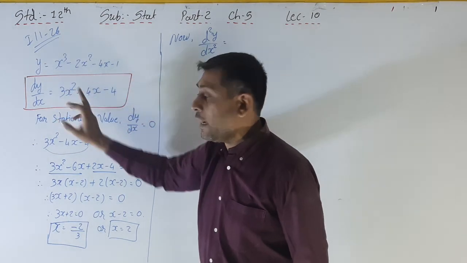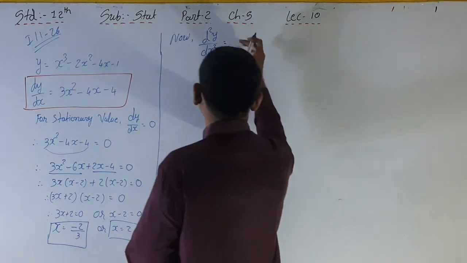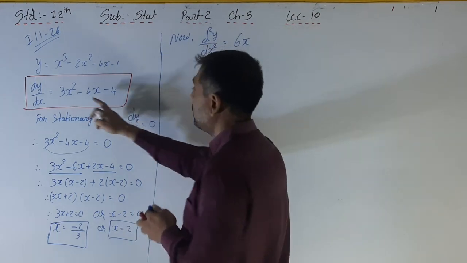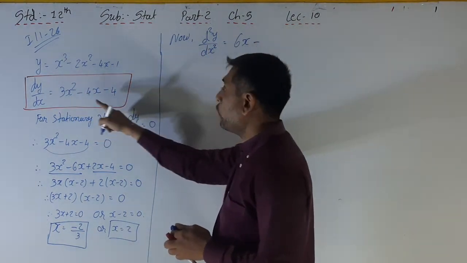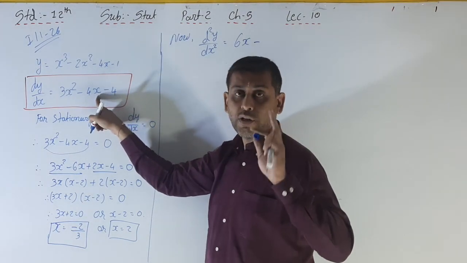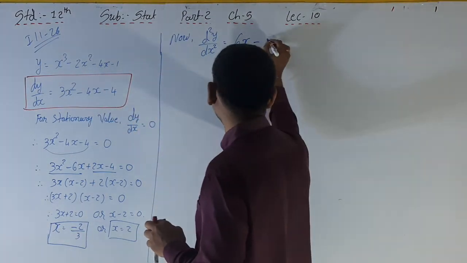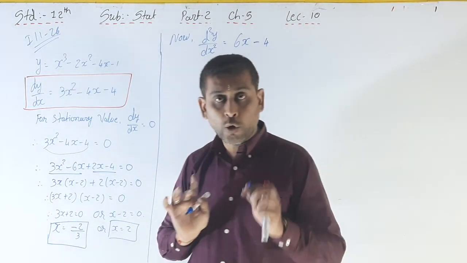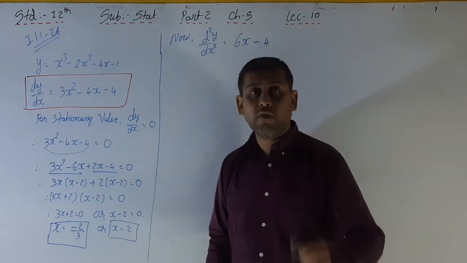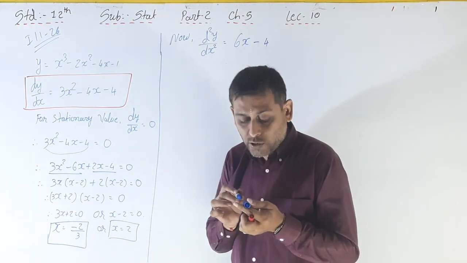So 3 2s are 6x. The answer is 3 2s are 6x minus 4x. X differentiation is 1, that's why minus 4. And here the differentiation of 4 is 0. That's why here the second derivative is 6x minus 4.